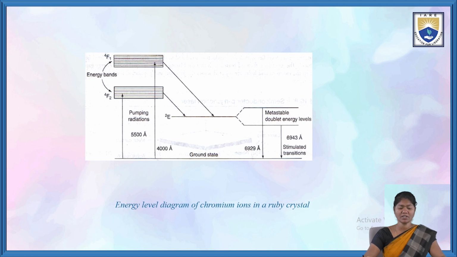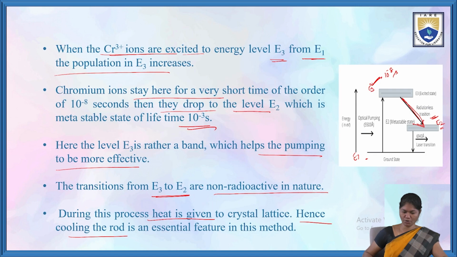The transition from E3 to E2 is a non-radiative transition, so it gives off some heat. During this process, heat is given to the crystal, so there is an arrangement to cool the rod.